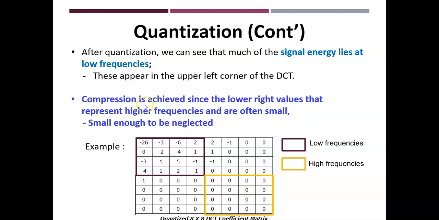The compression is achieved since the lower right values, which represent higher frequency, are often small enough to be neglected. So this is the part that we're going to compress.